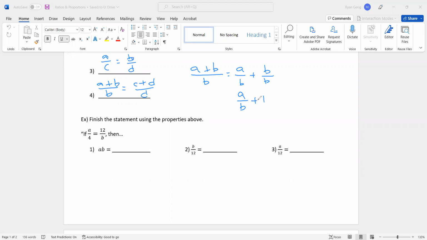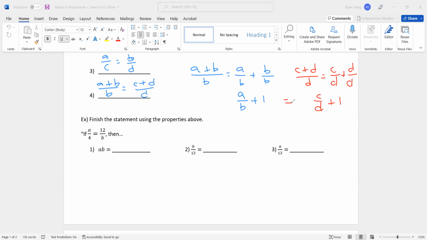And if I look at C plus D and do the same thing, C plus D over D is equal to C over D plus D over D. Well, D over D is just 1. And so what I'm saying is if I add 1 to both sides, the proportion is still equal.